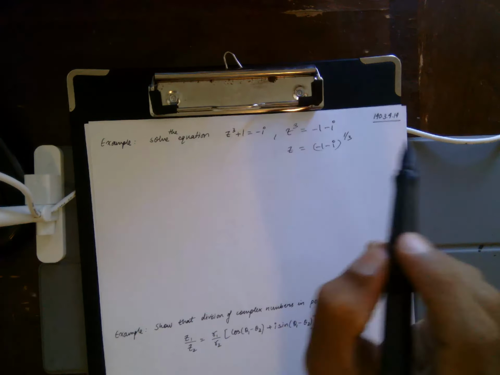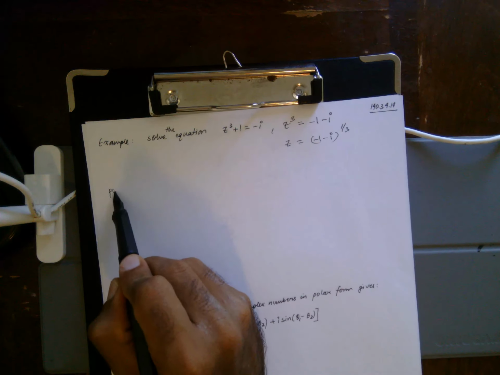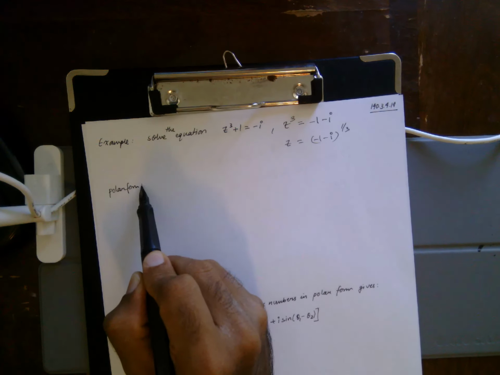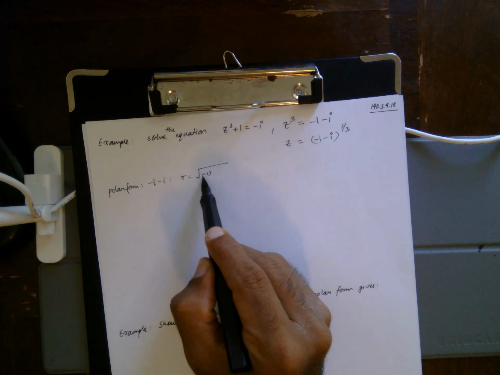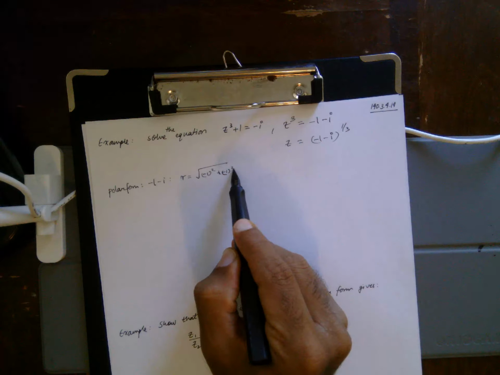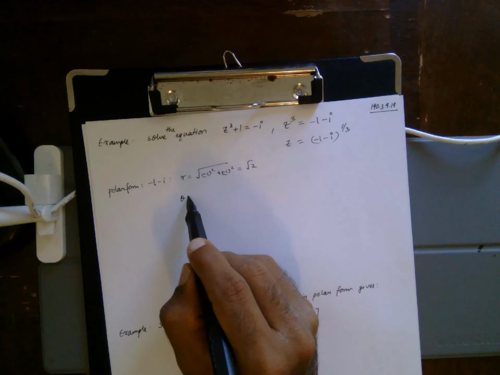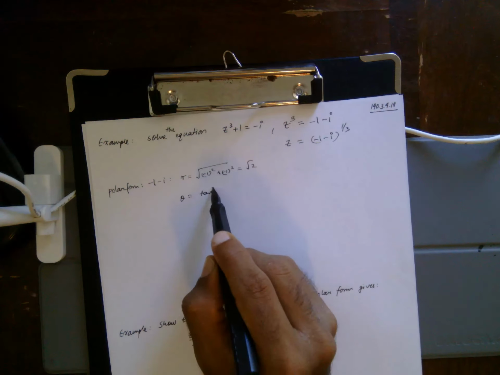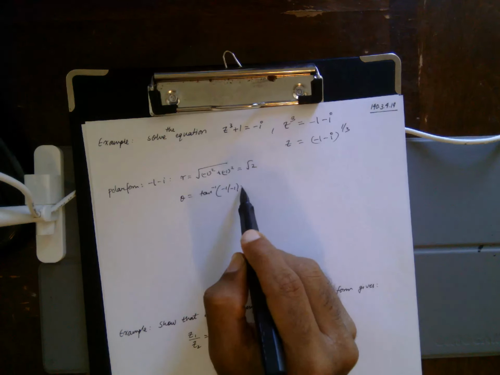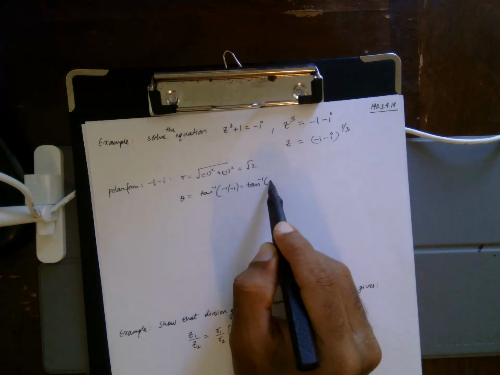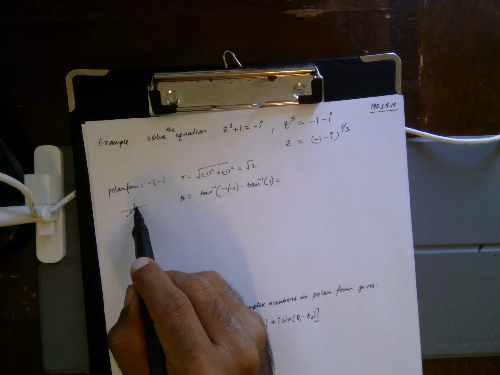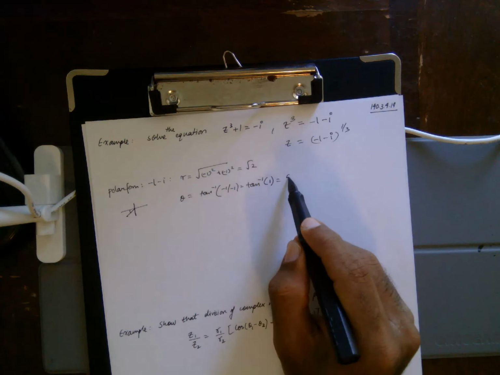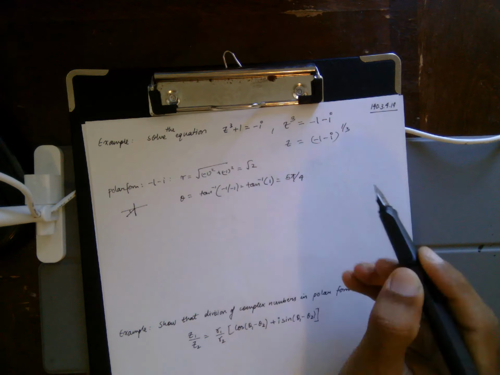To find the cube root of this number, we write it in polar form. The modulus is the root of -1 squared plus -1 squared, which is root 2. The angle is inverse tan of -1 over -1, which is inverse tan of 1, but in the third quadrant. So it's pi over 4 plus pi, which is 5 pi over 4.